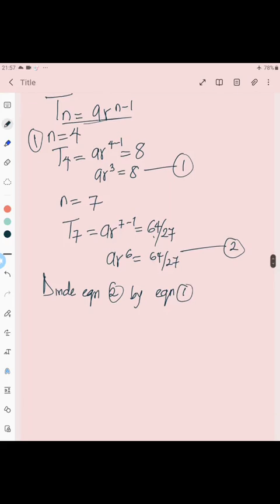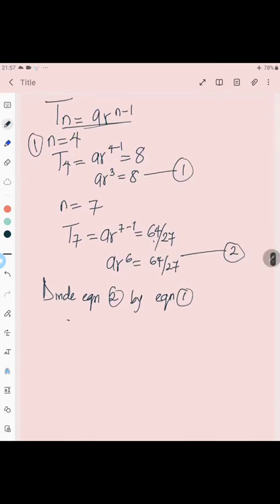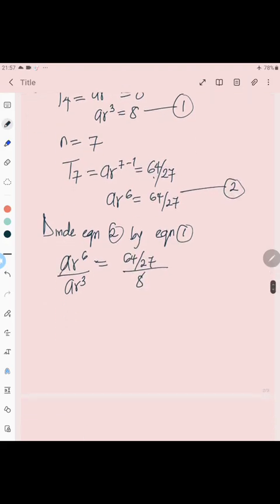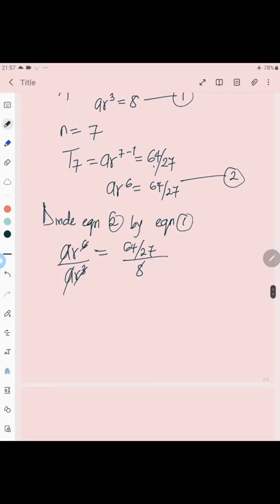Dividing equation 2 by 1 is going to be AR raised to the power of 6 divided by AR raised to the power of 3 equal to 64 over 27 all over 8. Simplifying this, A cancels A, and R to the power of 3 cancels R to the power of 3 at the numerator, so we are left with R to the power of 3.